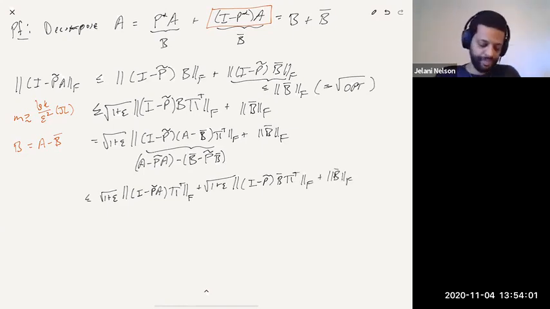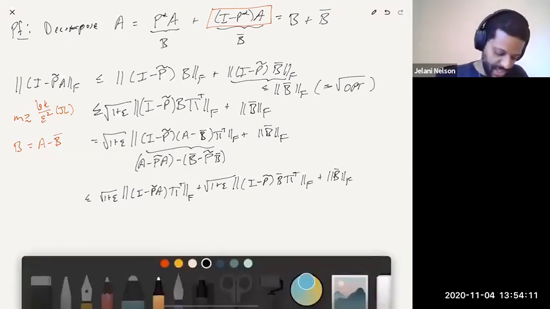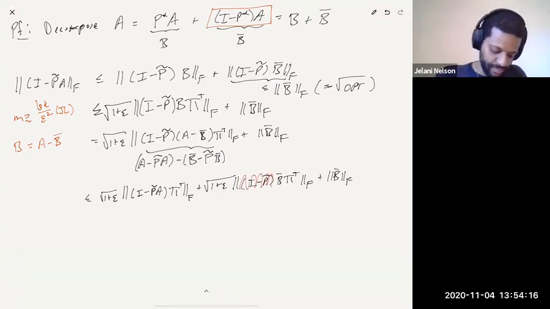Okay, good. So that's just a triangle inequality. And then again, I can use the fact that projection matrices do not increase Frobenius norms, which means I can just ignore this projection matrix right here.